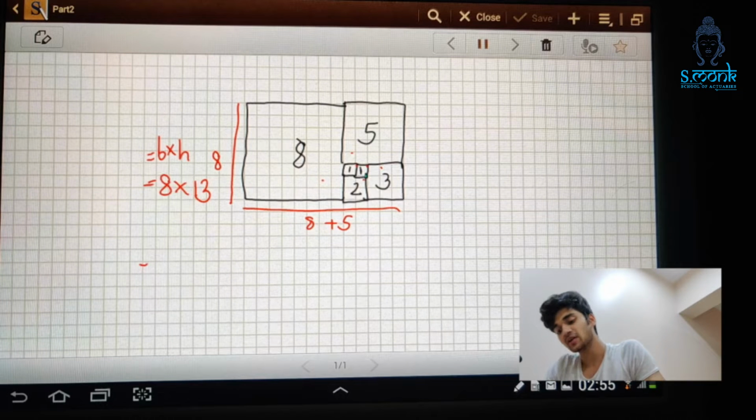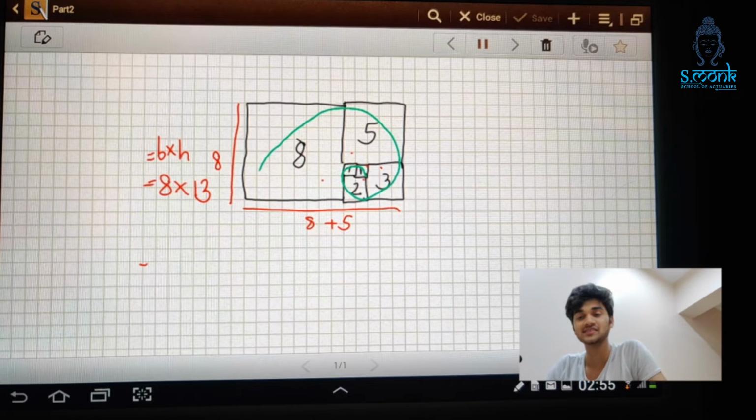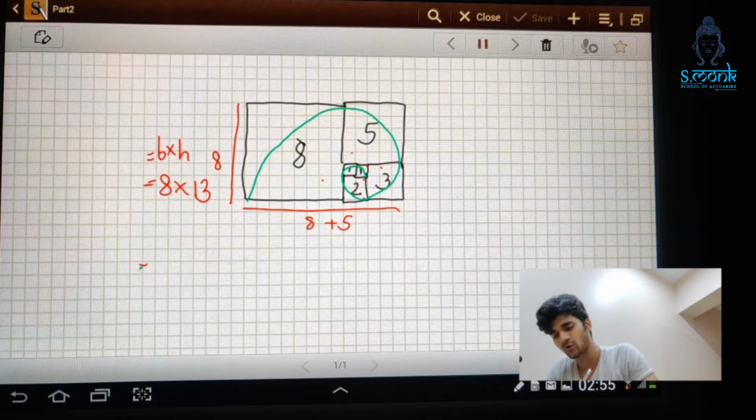Now if we join the corners of our first square and keep spiraling outwards, we eventually get a spiral that grows at a logarithmic rate. This spiral is a very optimal and widely used spiral and is also called the golden spiral. This spiral continues into bigger and bigger rectangles of size 13, 21, 34 and so on.